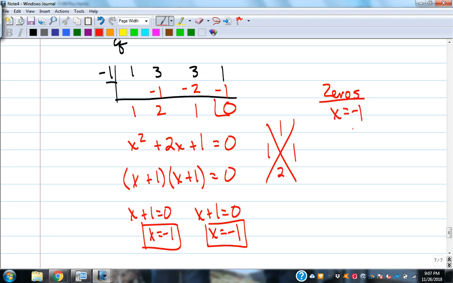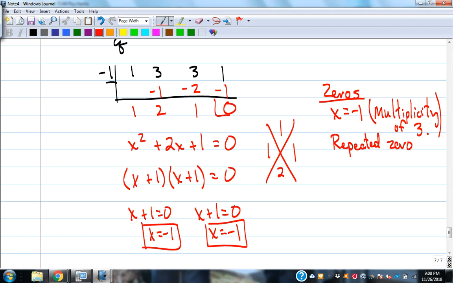What that is called is a repeated 0. And the way you note that is with multiplicity, is what you call that.